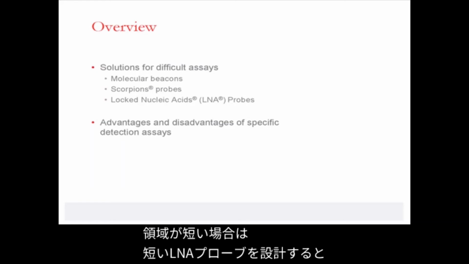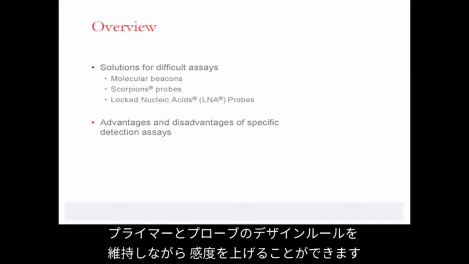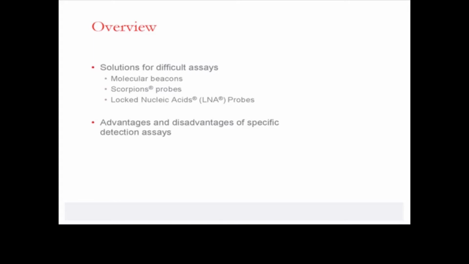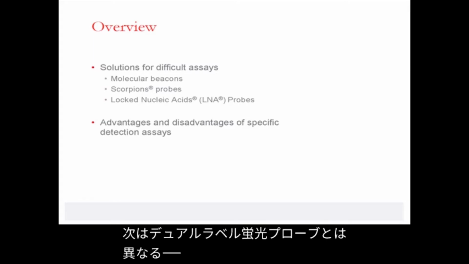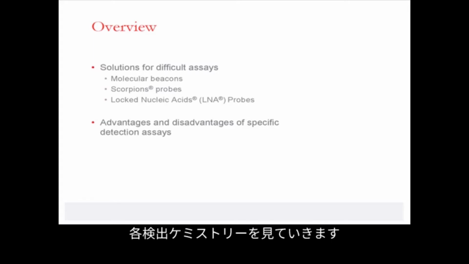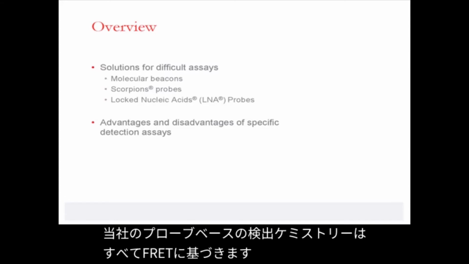If you have a short region, you can design a shorter LNA probe, which can improve sensitivity and maintain the primer and probe design rules. We'll go through each of these alternative detection chemistries as they differ from standard dual-label fluorescent probes. All are specific probe-based chemistries, and fluorescence is based on FRET.